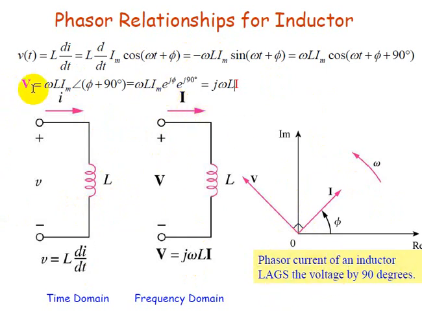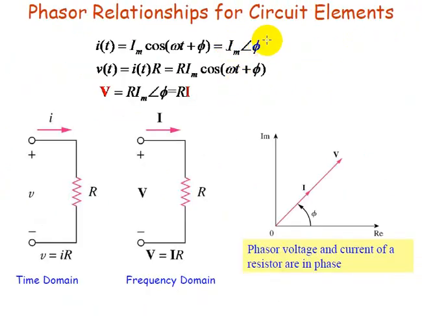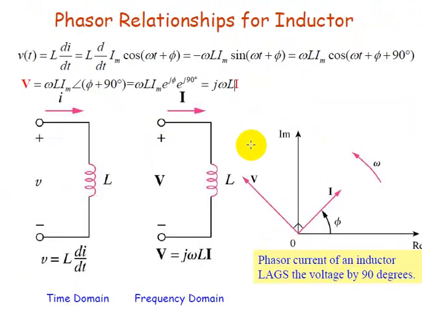See the current here, phi plus 0, and the voltage is phi plus 90 degrees. That means from phi you have to go another 90 degrees, then you will get the voltage.